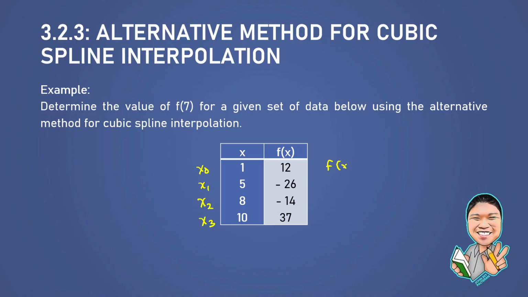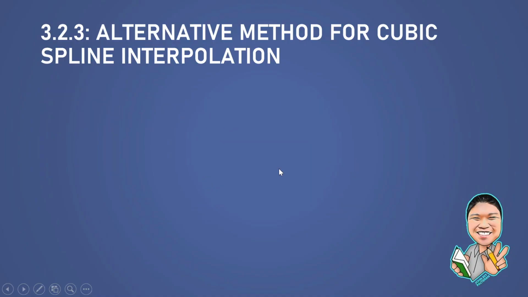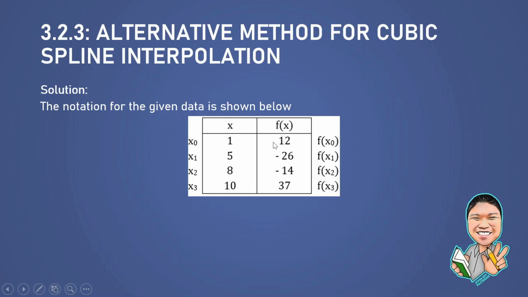So, ito yung f of x sub 0, f of x sub 1, f of x sub 2, and f of x sub 3. Okay? So, same problem lang naman to isosolve. So, solution. So, again, the notation for the given data is shown below. So, ayan na siya. Wala na tayong problema. Sinulat ko na to kanina.